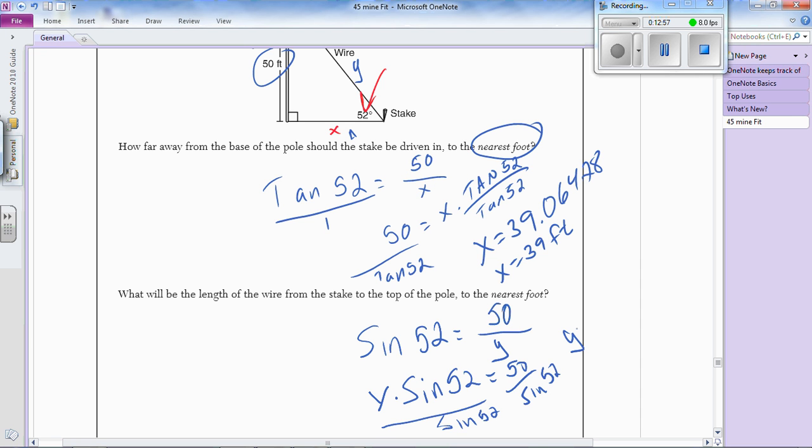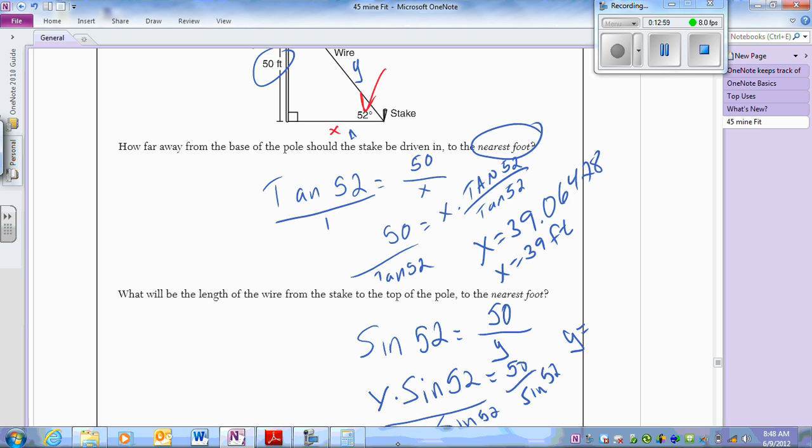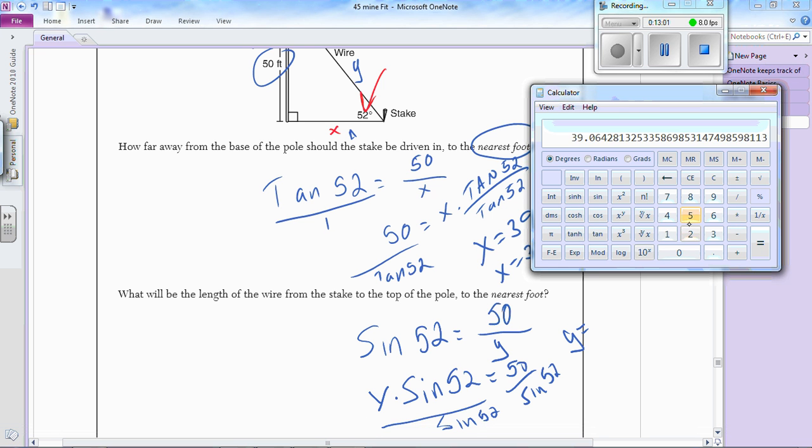And I get y equals 50 divided by sine 52. If I hit the right buttons, that's not right.